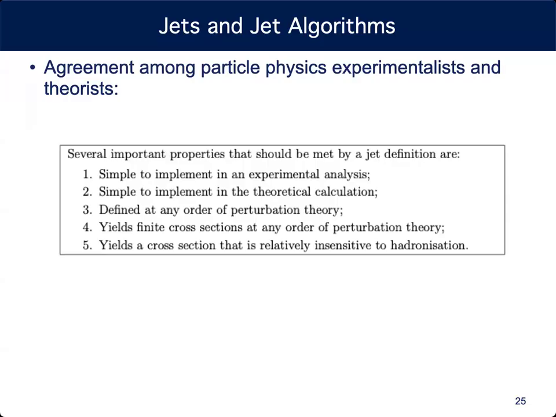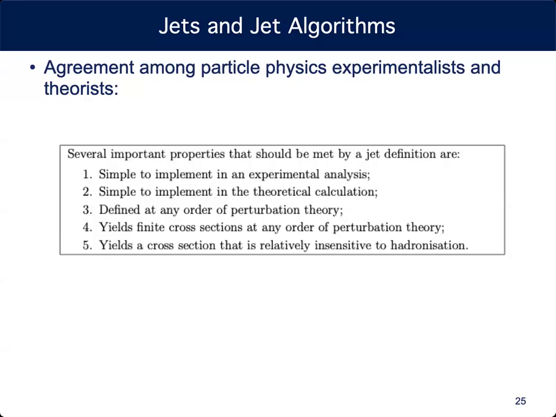Back in the olden days, when those of us with white in our beards were youngsters, we did not have very nice jet algorithms. So we actually had to have a whole, probably 15-year strategy called the Snowmass Accord to get a jet definition that made sense.